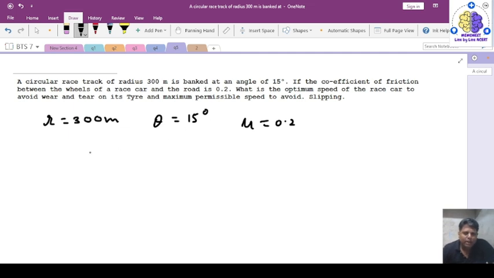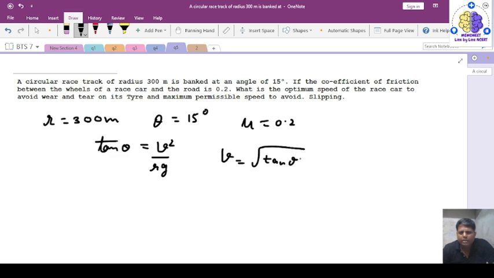So we know that tan theta is equal to v square upon rg. From here we can say that v is equal to under root of tan theta rg.